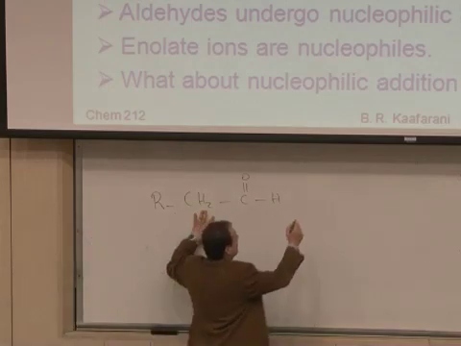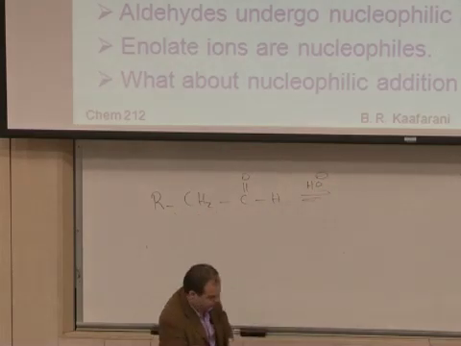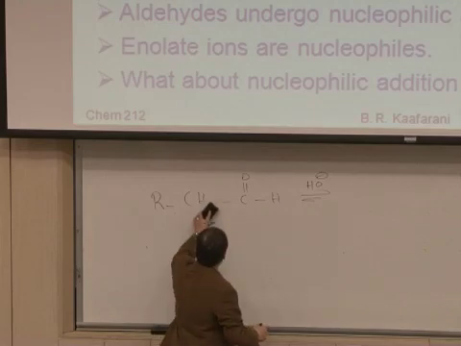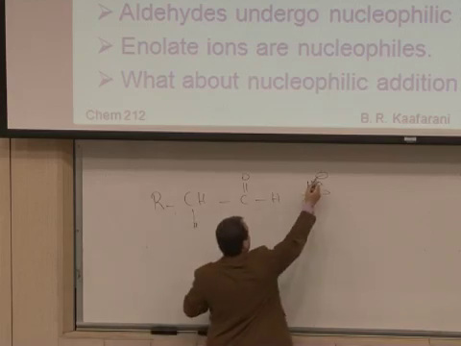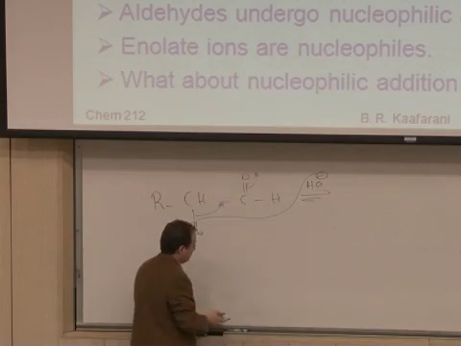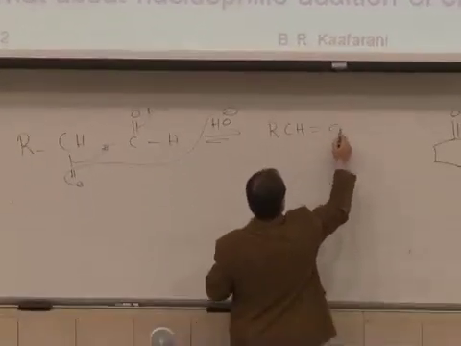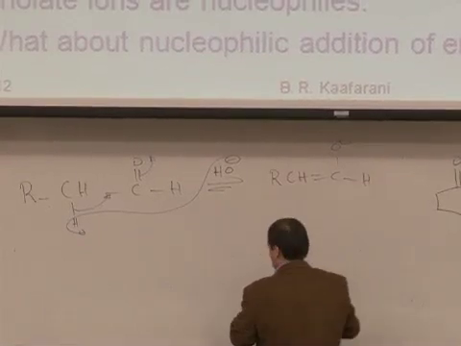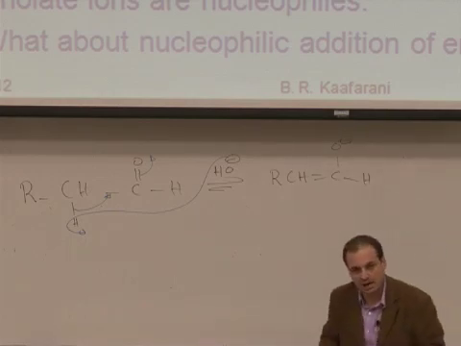And I am adding a hydroxide ion. This hydroxide ion is going to take the alpha hydrogen, and you are going to form the enolate, RCH double bond CO minus H. Then, in the reaction mixture, as we just agreed, we have a 50-50 mixture between the enolate and the aldehyde.